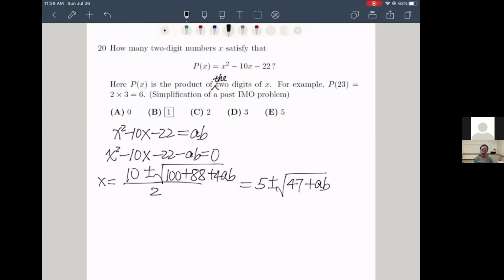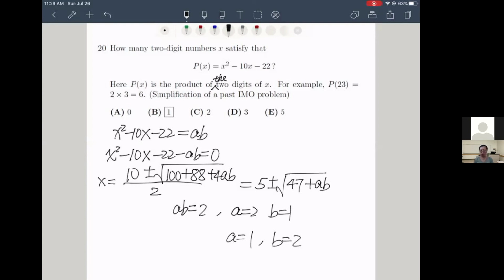We can let a equals 2, b equals 1, or a equals 1, b equals 2. And if you check 64, 64 minus 47 is 17, and you cannot find digits a and b such that the multiplication is 17. If you check all of them, you find that ab equals 2 is the only option, which means that a equals 2, b equals 1, or a equals 1, b equals 2.